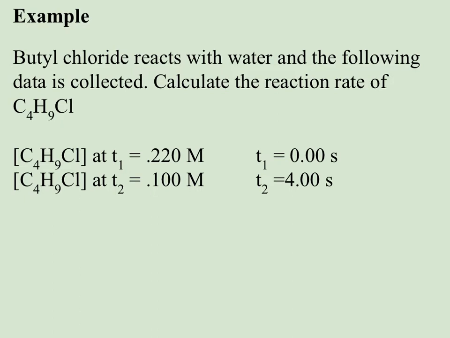I'm just going to take big minus little, since I know my answer has to be expressed as a positive value. So it's going to be 0.120 divided by the 4 seconds. And so I come up with an answer of 0.0300. And this is expressed as moles per liter second of C4H9Cl being consumed.